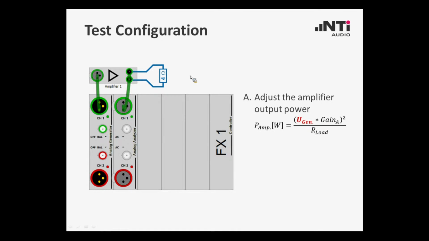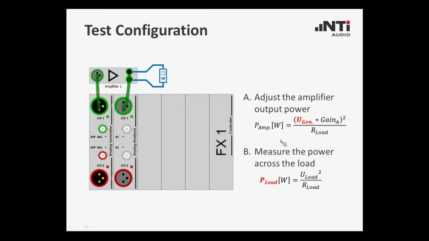The formulas that are applied for these calculations are these. That's the one for the adjustment of the amplifier output power. Here in red you see the output voltage of the generator of the FX100. That is the value we have to calculate, and for that purpose we need to know the gain of the amplifier and the load impedance, and of course the designated output power of our amplifier.